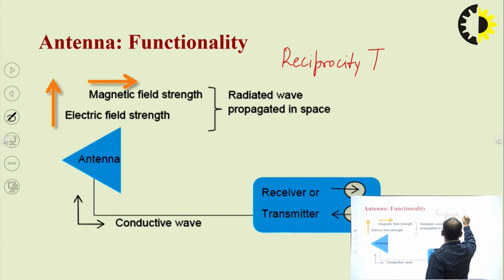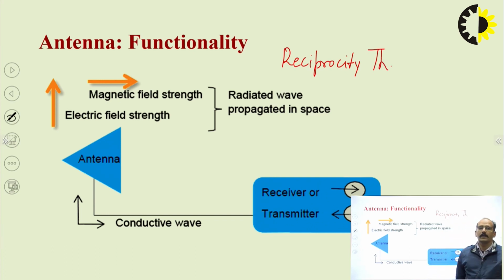The reciprocity theorem says that if you apply a voltage, it will radiate into the environment in the form of electromagnetic waves, or if you put a conducting wire inside an electromagnetic field, a voltage is induced at the end of the antenna. Either you apply the voltage or you put the wire into the electromagnetic field, in both cases the antenna will work. It means the antenna can be used as a transmitter or receiver.